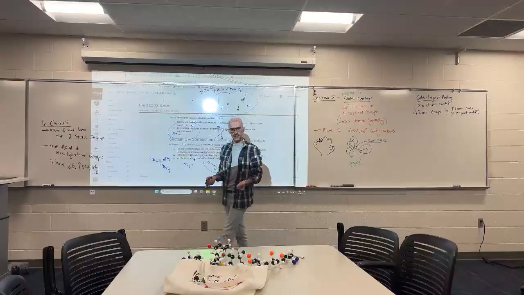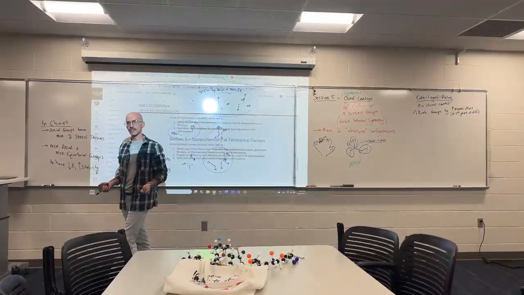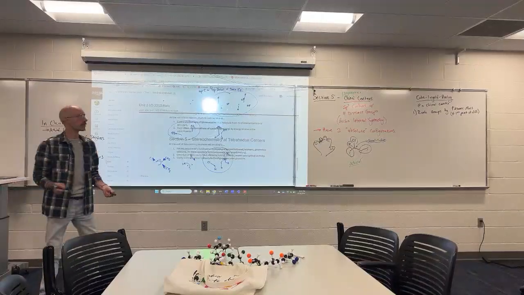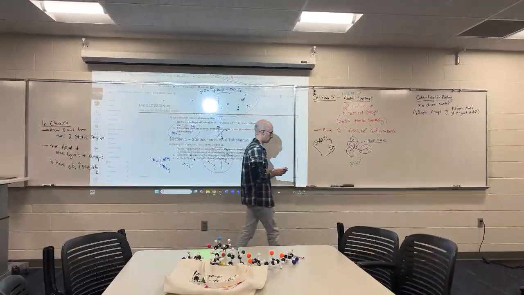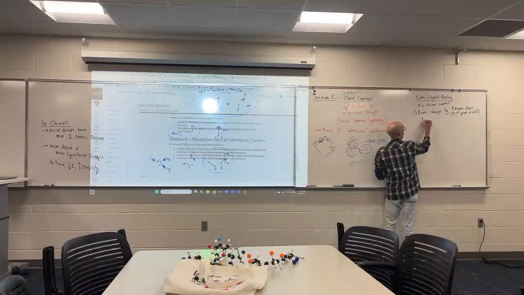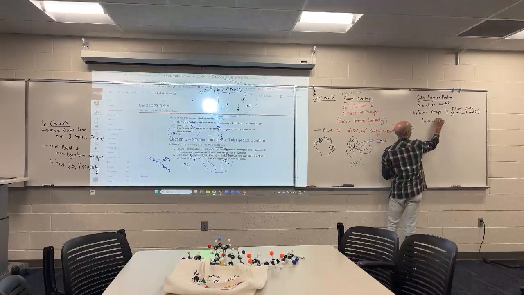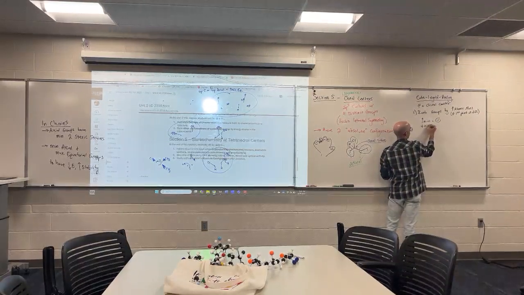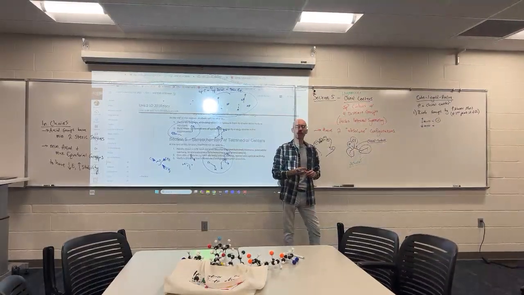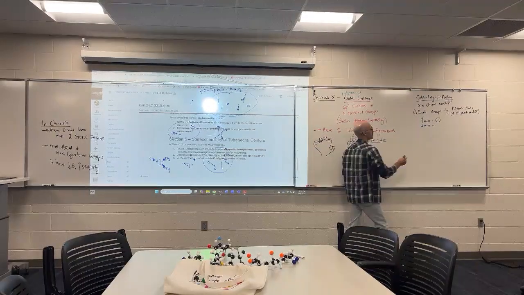Meaning if two groups have the same atomic mass, they cancel each other out. You move on to the next group. Highest mass gets priority number 1. Lowest mass gets priority number, how far does it go? There's just 4 groups. So the lowest group is priority 4.